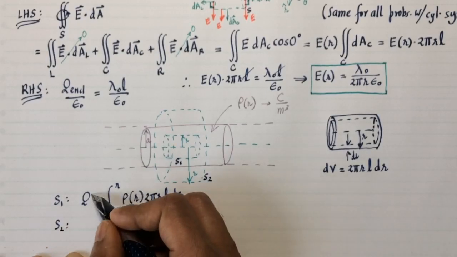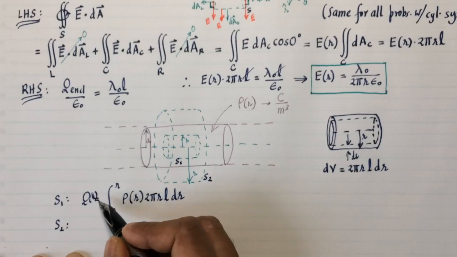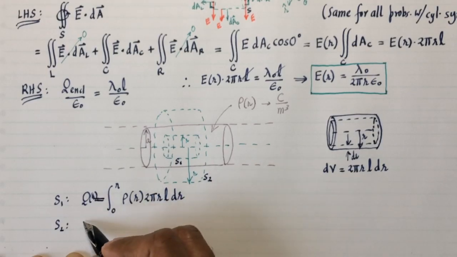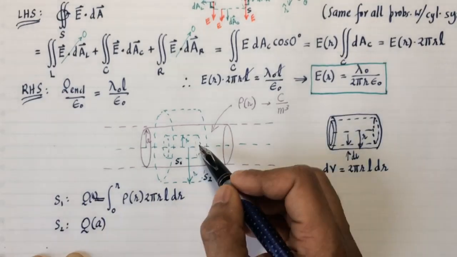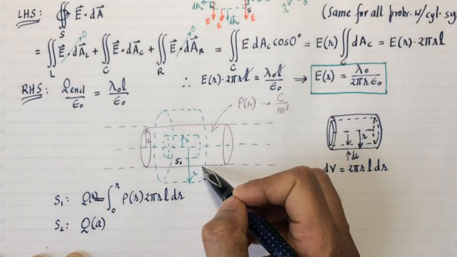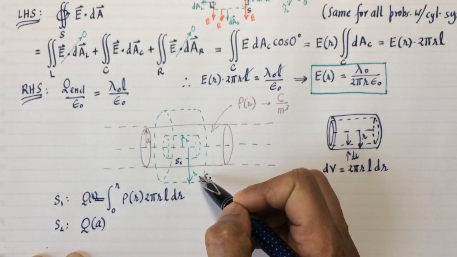For S1, let's call this Q as a function of r. For S2, the charge enclosed is just going to be Q as a function of A, because you're going to go all the way from 0 to A and then stop there. Beyond that, there is no charge enclosed.